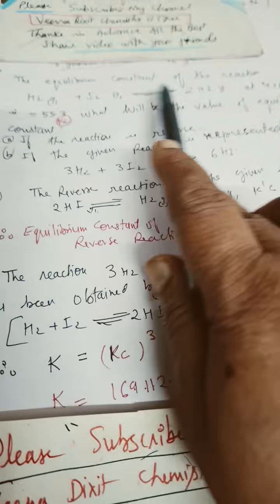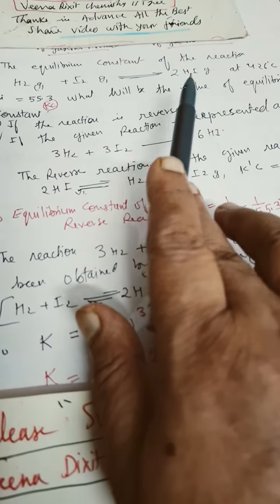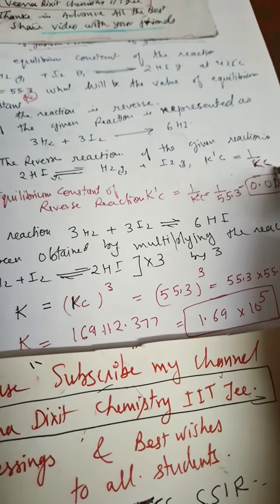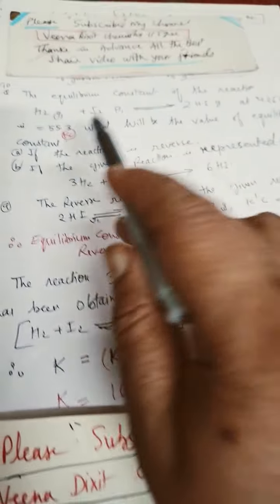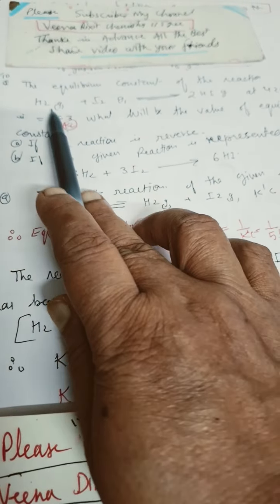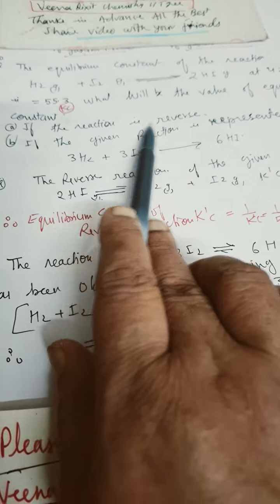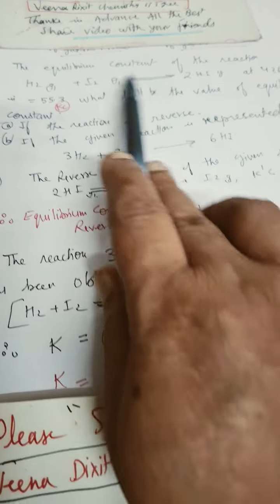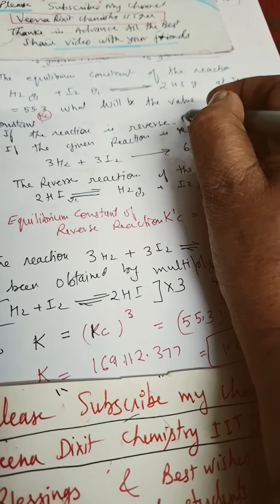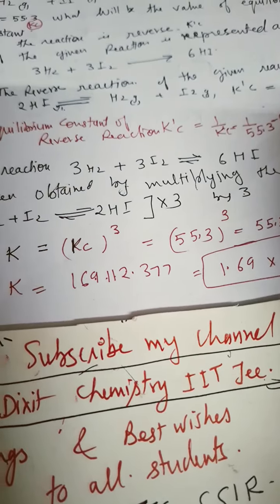So I told you earlier that when we reverse the reaction, the new equilibrium constant will be equal to the inverse of the initial equilibrium constant. 55.3 is the equilibrium constant for the given reaction, and for the new reaction obtained after reversing it, the new constant K dash C will be equal to the inverse of the initial one, that is 1 by Kc.